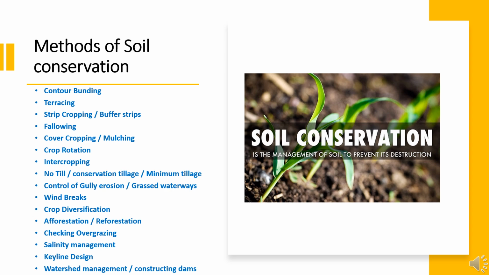Now here we will go through various methods of soil conservation, which we will study in detail. The methods include contour bunding, terracing, strip cropping or buffer strips, fallowing, cover cropping and mulching, crop rotation, intercropping, no tillage, conservation tillage and minimum tillage, control of gully erosion and use of grassed waterways, windbreaks, crop diversification, afforestation and reforestation, checking overgrazing, salinity management, keyline design for runoff water, watershed management and constructing dams.